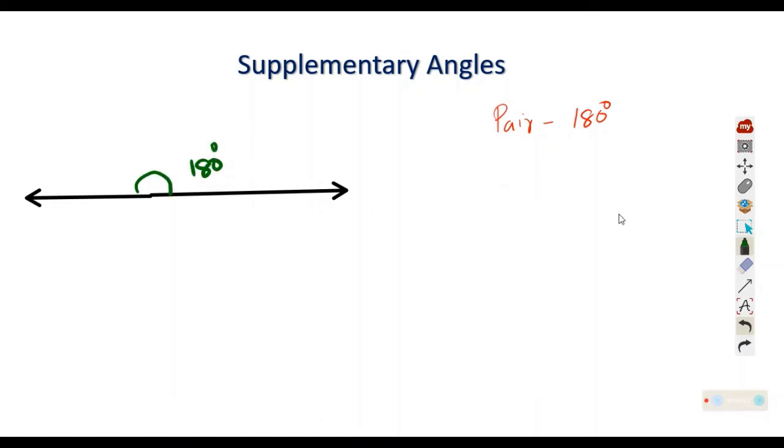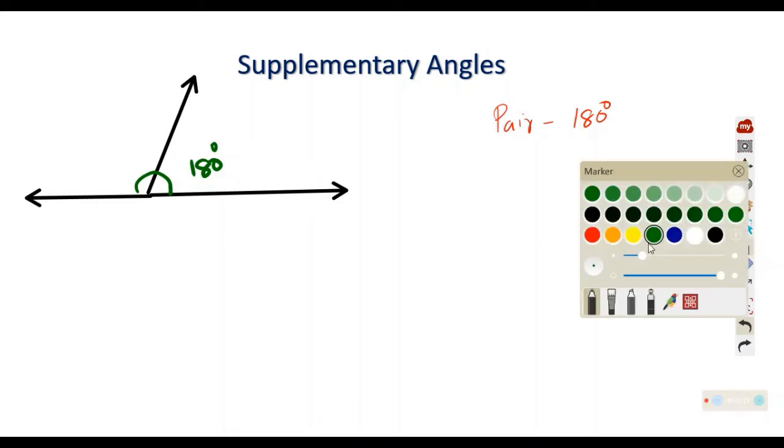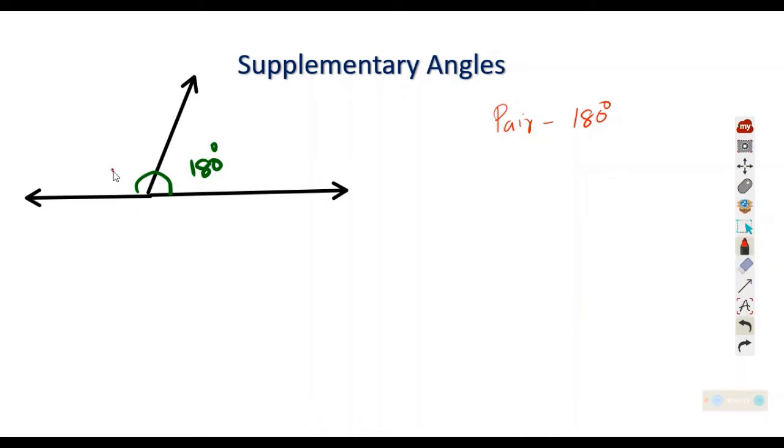For that we need to make an arrow here. So this makes this 180 degree divided into two separate angles. Roughly we can say that this is equal to 120 degree and 60 degree. That is one way of supplementary angles.